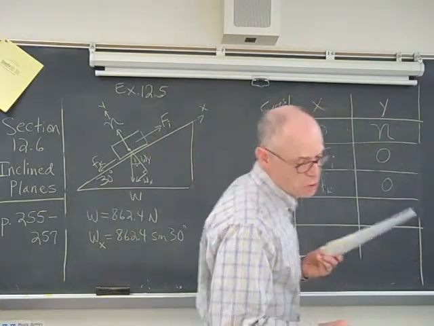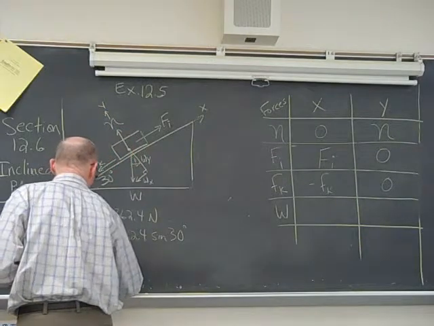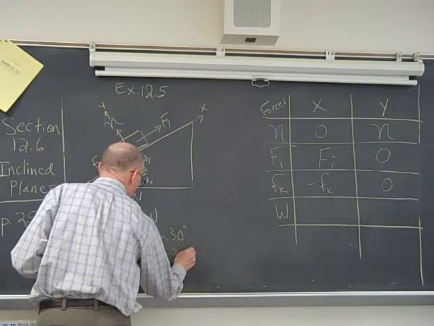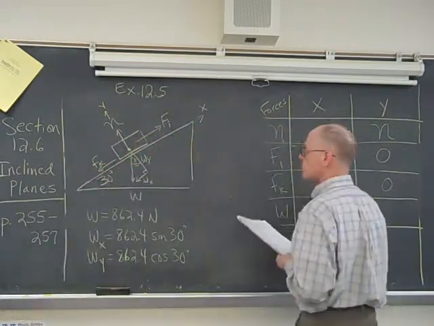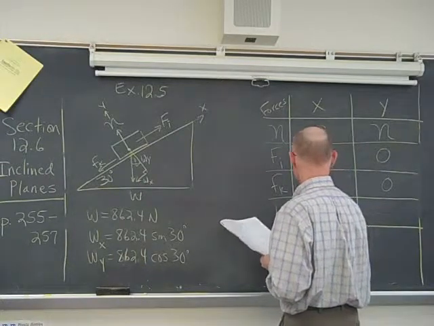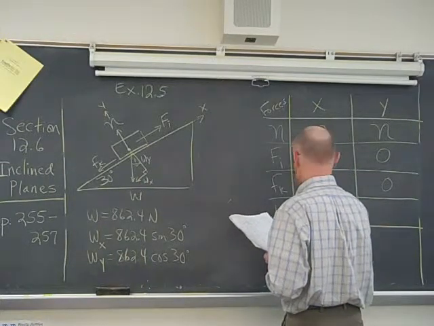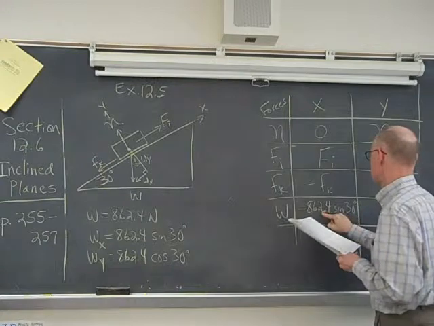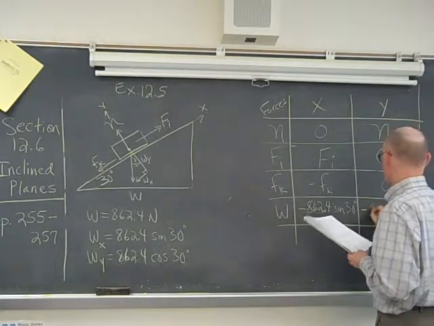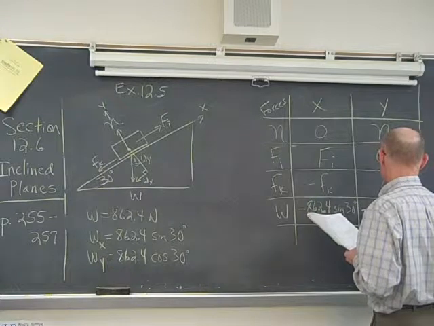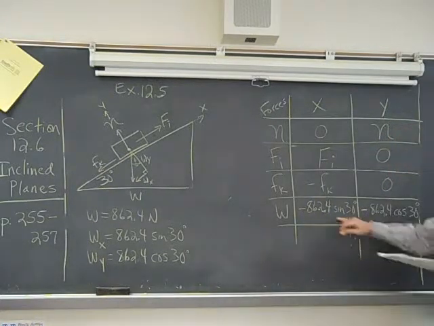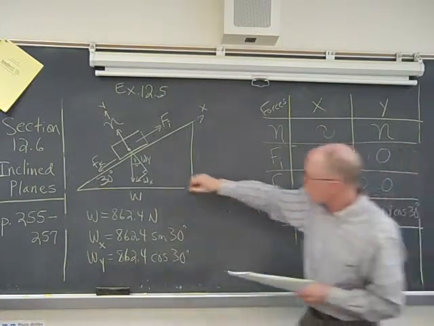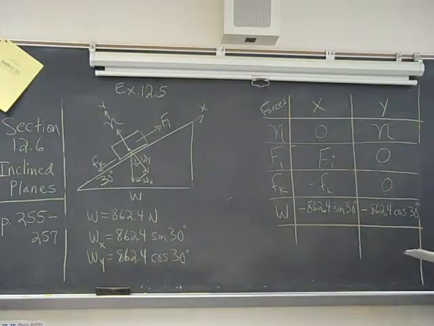And you can see that in the middle of page 257. And the weight in the y direction is the 862.4 times the cosine of 30 degrees. Both of these are negative because weight in the x direction is in the negative x direction, and weight in the y direction is again in the negative direction.